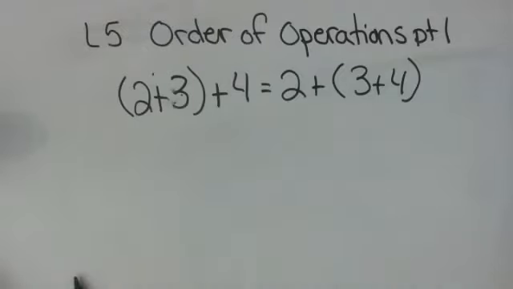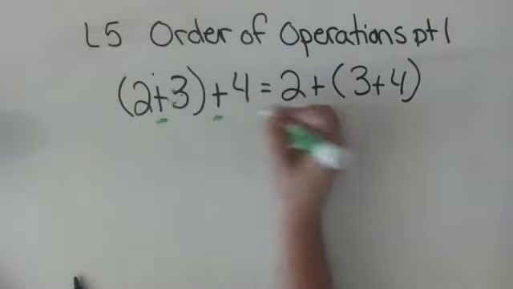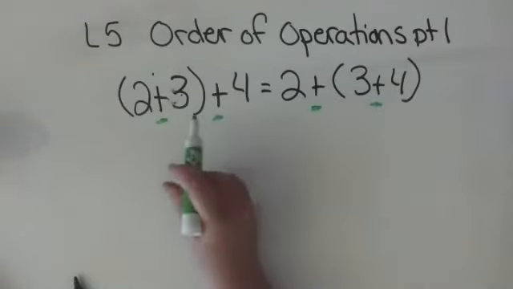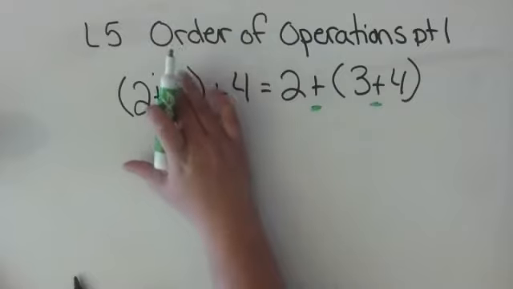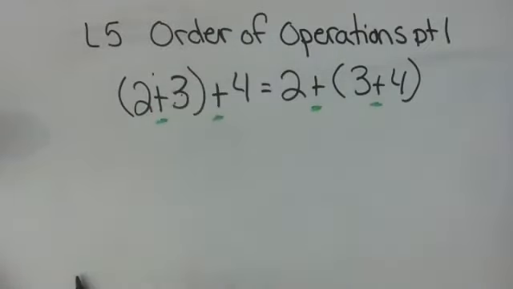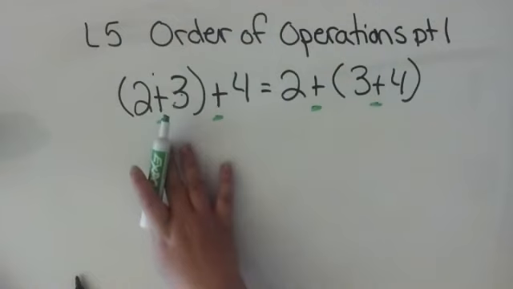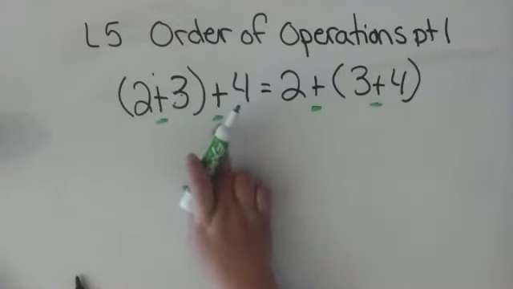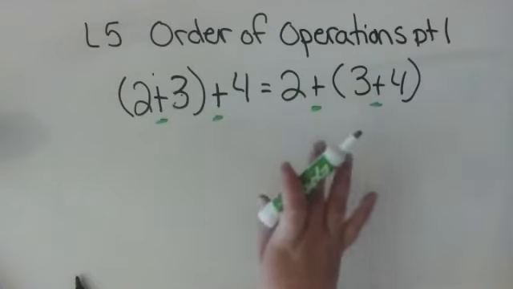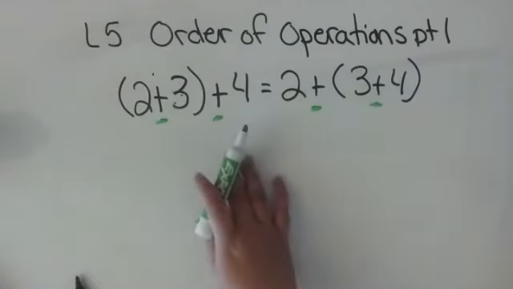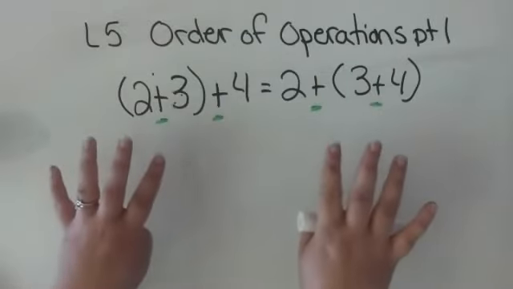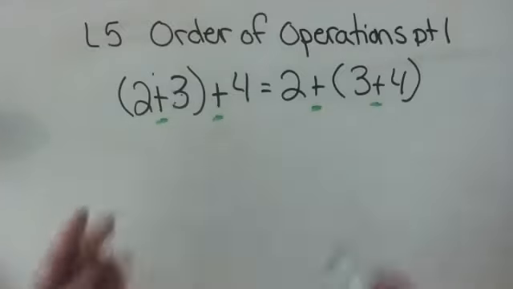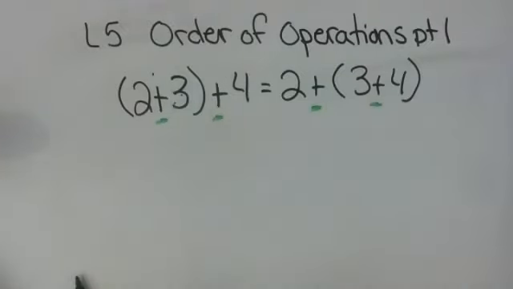It doesn't matter in this case where the parentheses go. As long as I'm using the same numbers and the same symbol, addition, it will work. That is the associative property. As long as I still have 2, 3, and 4 on both sides using addition, it doesn't matter where my parentheses are, I will still get the same number.